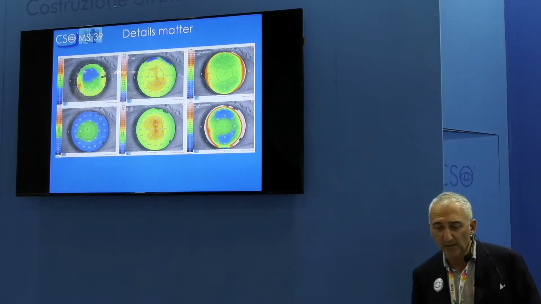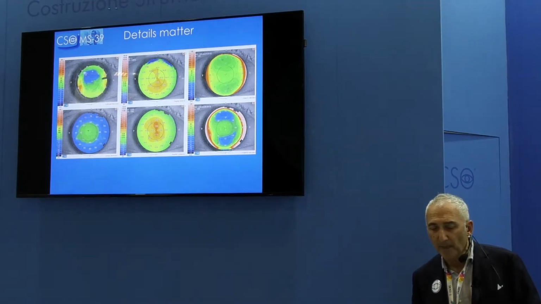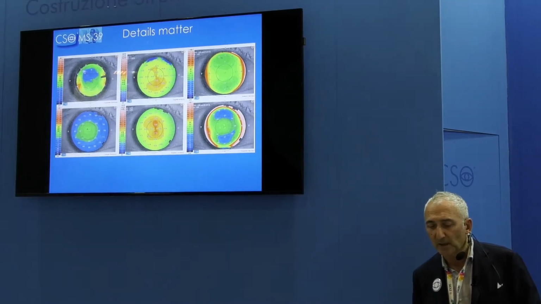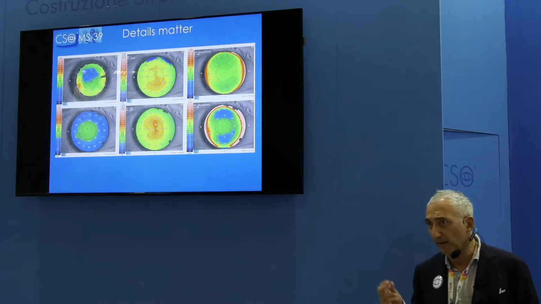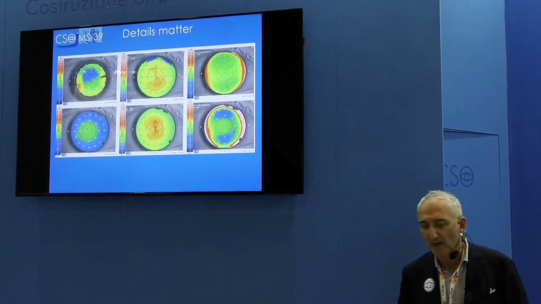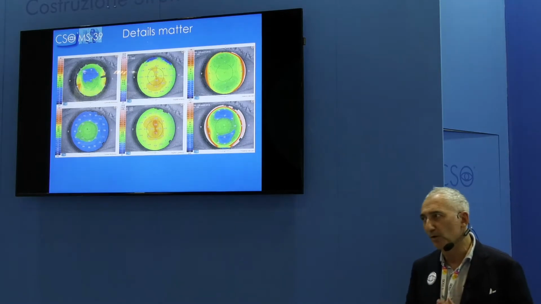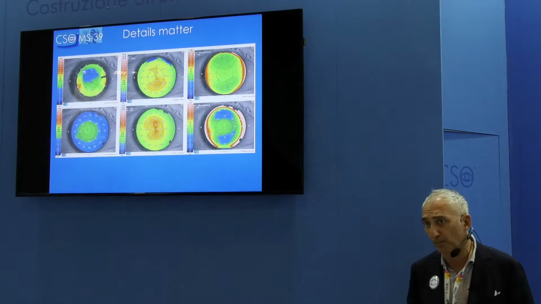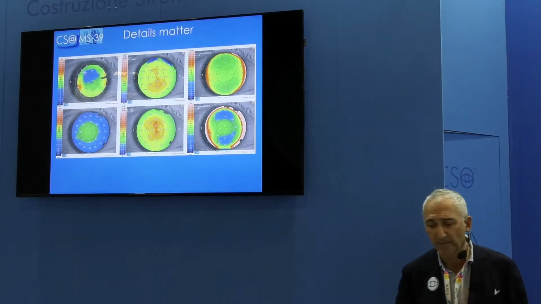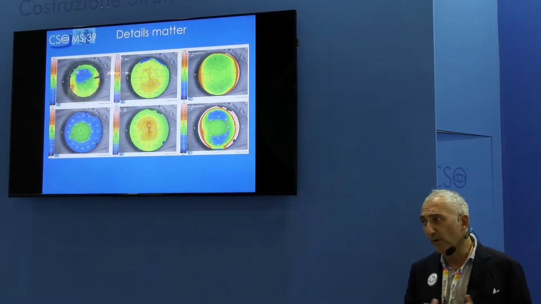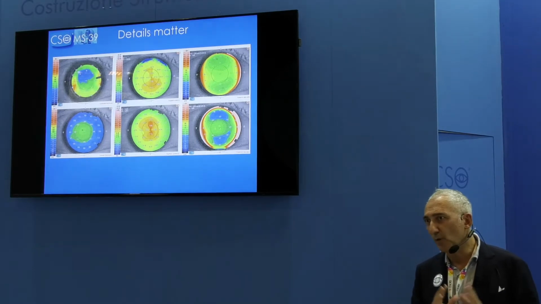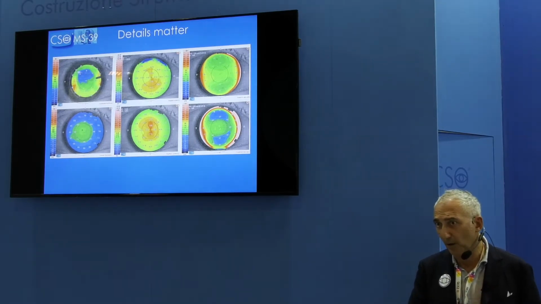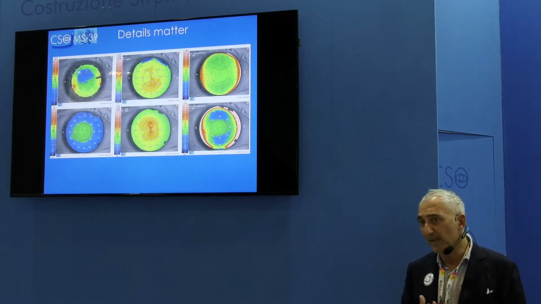And here we can readily verify that this modification in the lower part of the cornea is due to an increase of the thickness of the epithelium. This is important because we can reassure the patient that most likely we will be able to perform laser surgery.